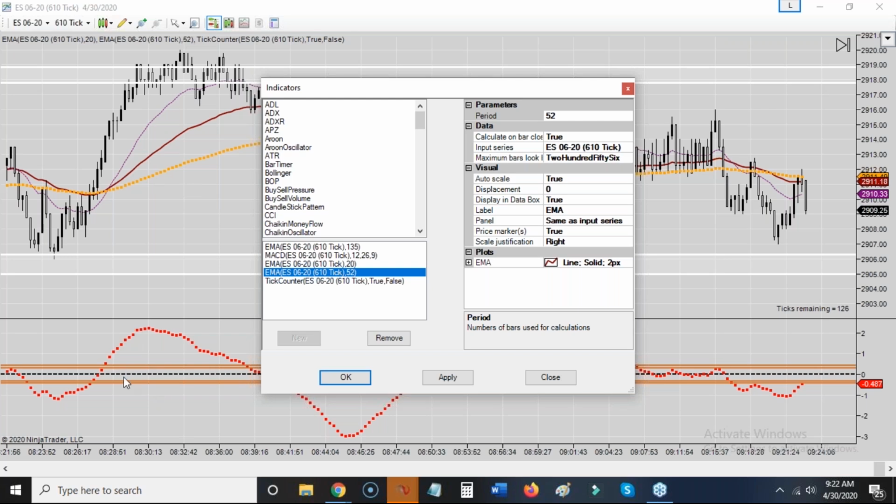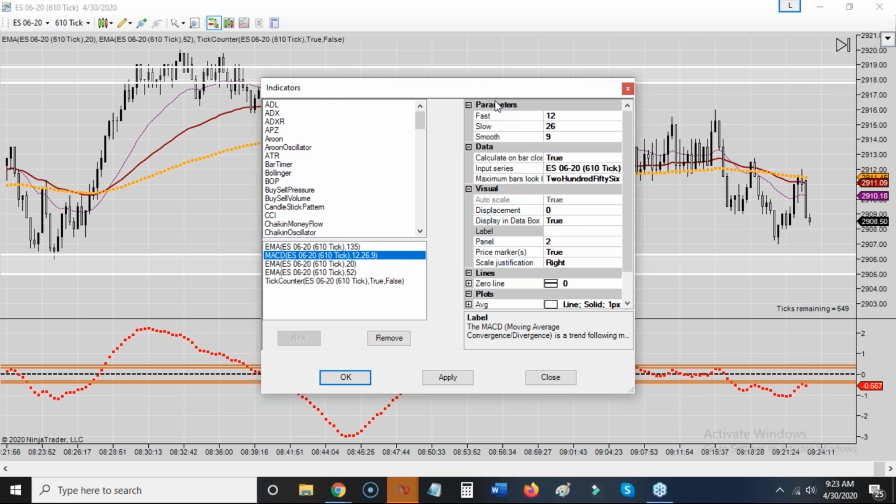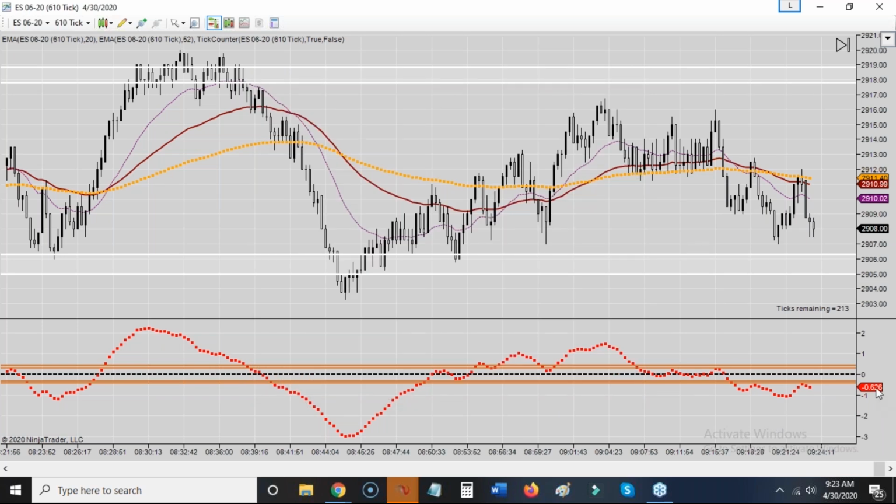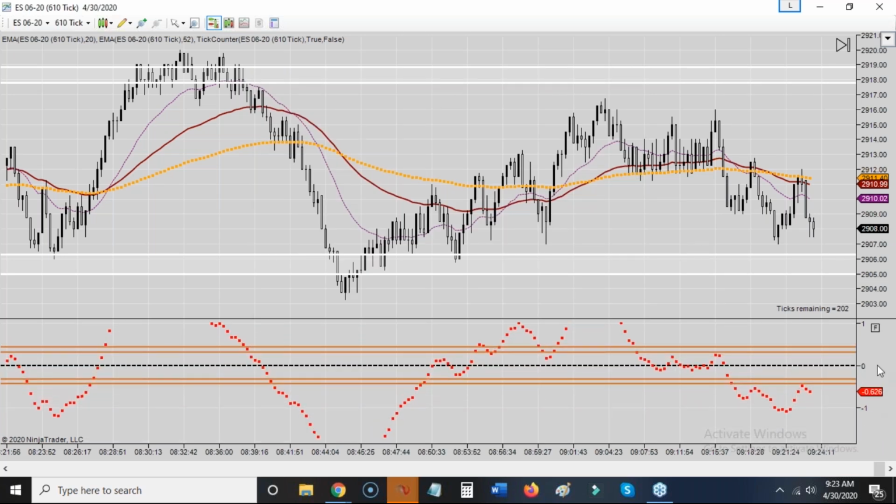And then my other indicator, I only have 2 indicators, is my MACD. This is literally just the universal indicator, which is 12 fast, 26 slow, 9 smooth. The MACDs are usually broken up into 3 sections. It doesn't matter which platform you're on, they all start the same. The average and the difference ones, I just put into transparent. I only use the actual MACD lines themselves. So how do I use these 2 together? My MACDs, I live for them.